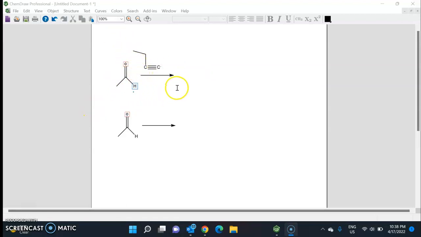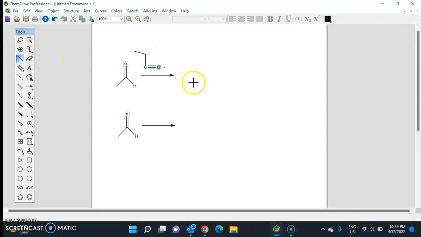So it is going to add, and it's actually going to chop off the rest of this compound right here. This CC bond is going to break, and we're not going to add these 2 carbons.